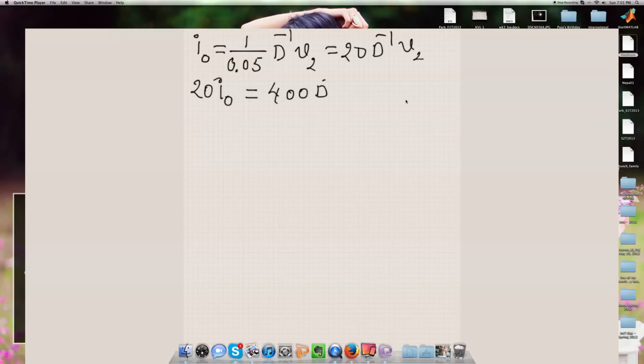So 400 D to the minus 1 V sub 2. So we will be using this expression at some point later. So let's just remember that we got this, which is primarily the voltage V3. Okay, so this is V3.